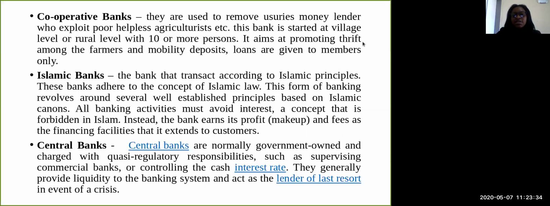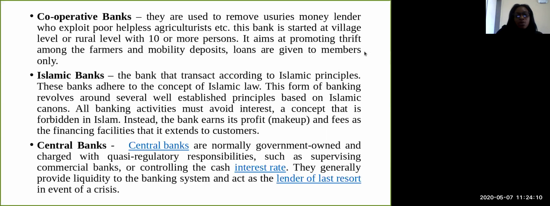All banking activities must avoid interest, a concept that is forbidden in Islam. Instead, the bank earns its profit and fees from the financing facilities that it extends to customers. So basically, this type of bank follows the Islamic law.